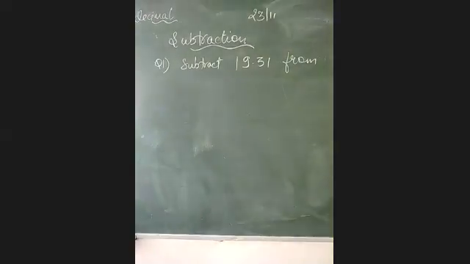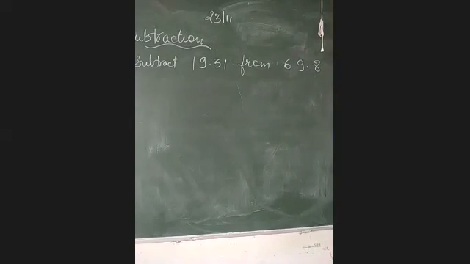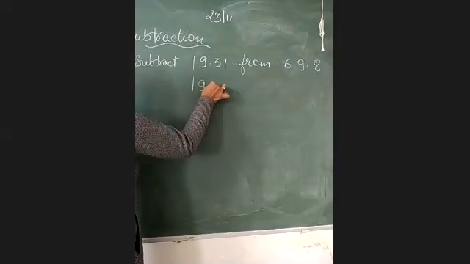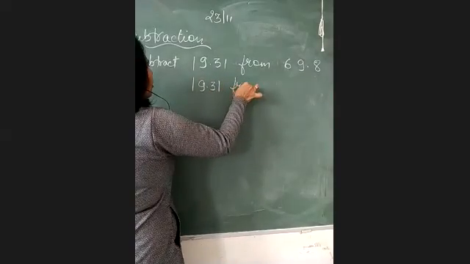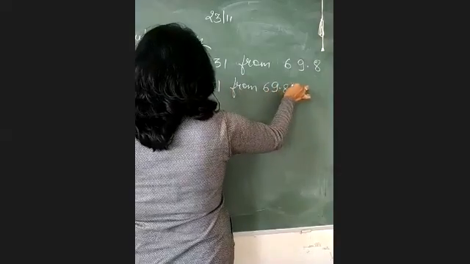So first you have to convert both numbers into like decimals. Now how do you convert into like decimals? When you do it, it will give you 19.31 from 69.80.